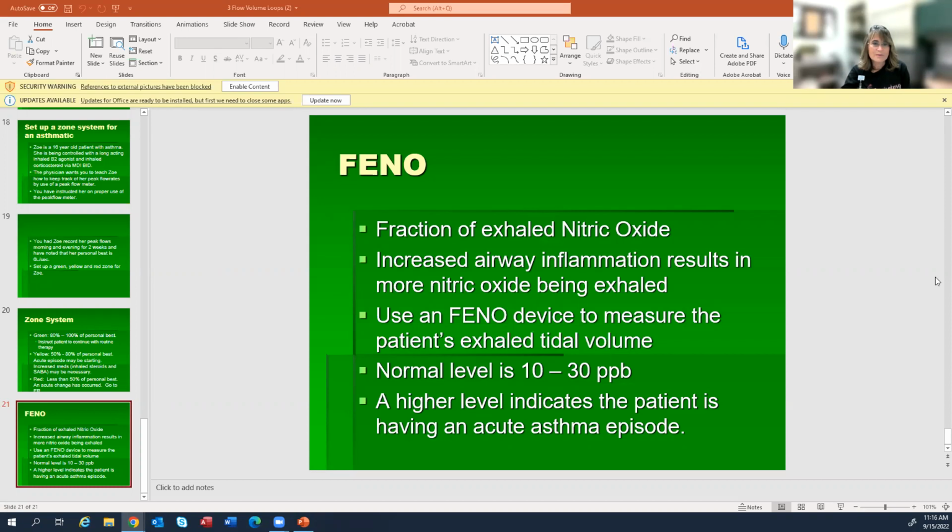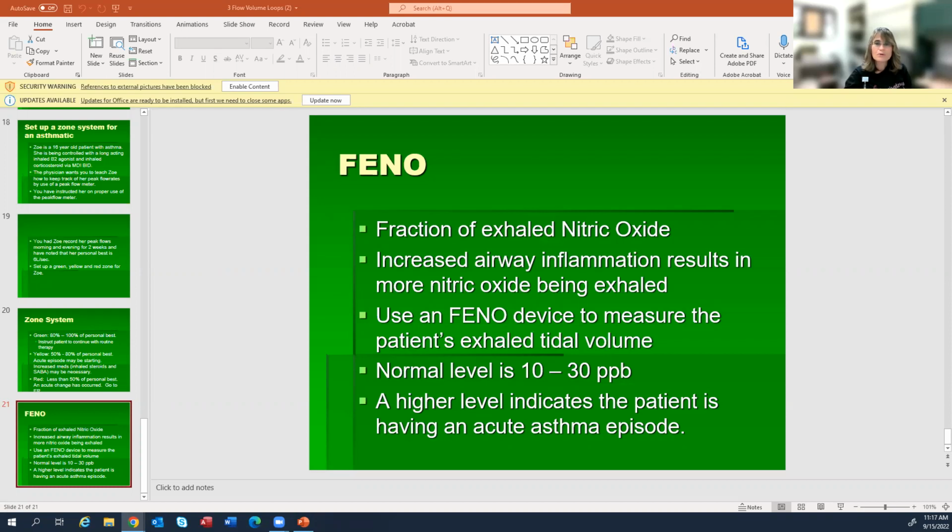Diffusion capacity, we talked about. Abnormalities with decreased diffusion capacity, we talked about that. What is a normal peak flow rate? You have to know that. 8 to 12 liters per second.